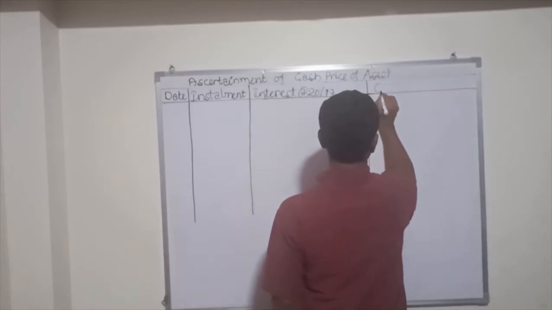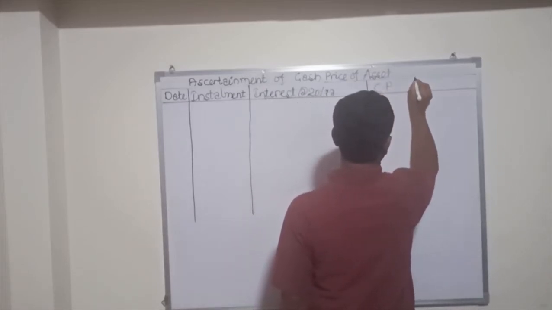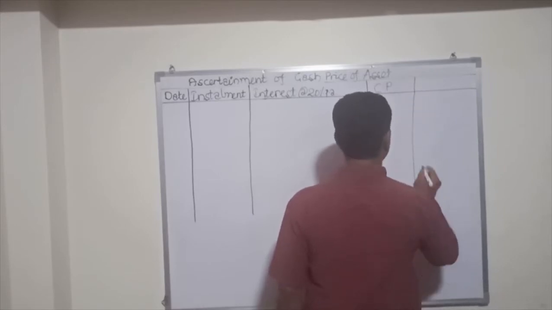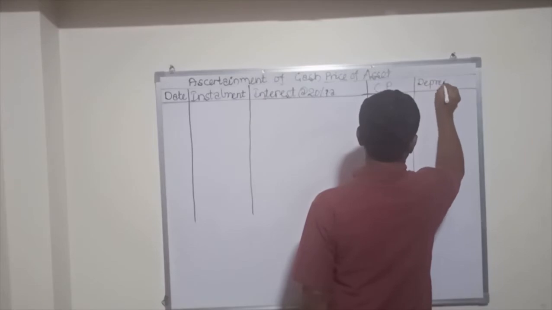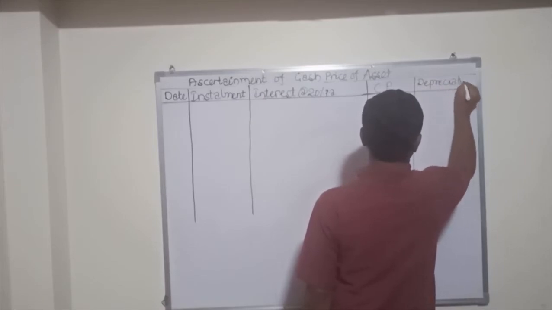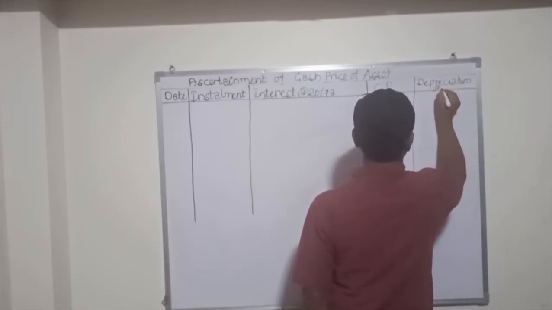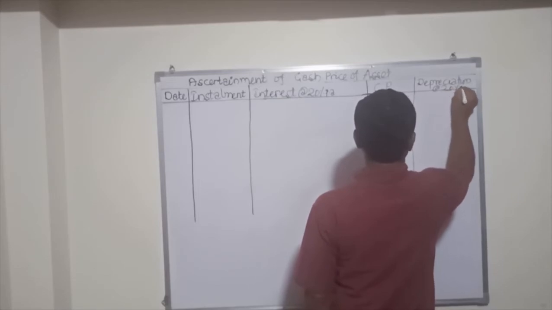So here it is CP. Then depreciation at the rate of 20% on the diminishing balance method.